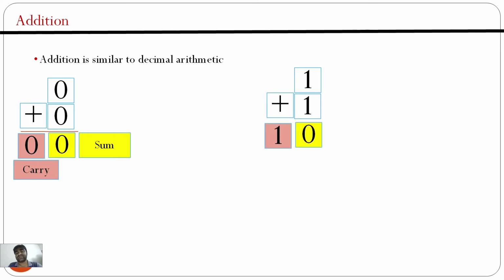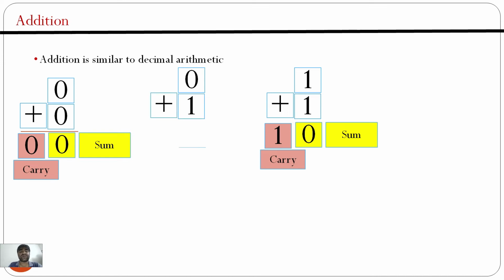So here the 0 is the LSB, and this LSB is nothing but the sum, and 1 is the MSB, that is the carry, and this MSB bit is propagated to the next significant bit, meaning in the next significant bit it will be added.